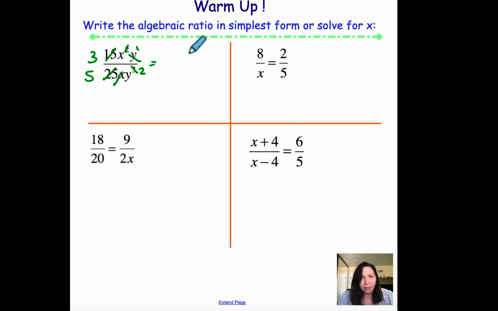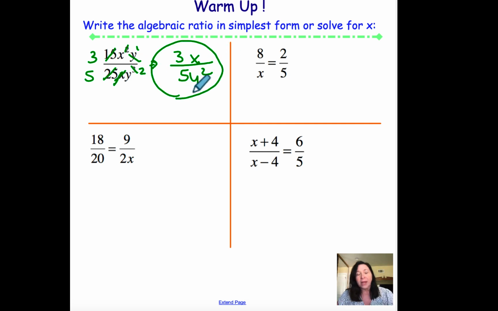And then on the top numerator, I would have 3x, and on the denominator, I would have 5. This x canceled, and then I have y squared. And so that would be my simplified answer.